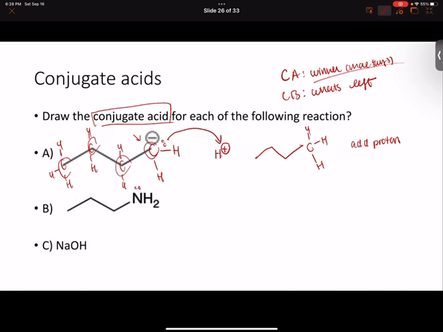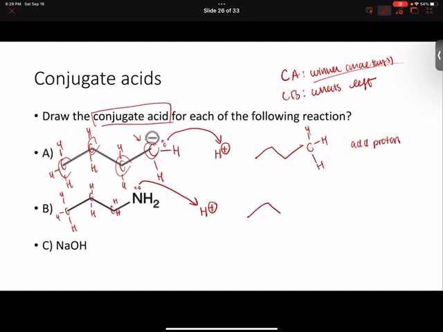So then let's look at B. So then B, we have CH, H, CH, H, and then CH, H, H. And then this one has a lone pair. It's the only one that can really get a hydrogen from it. So then we're gonna use the lone pair, and we're gonna grab a hydrogen.